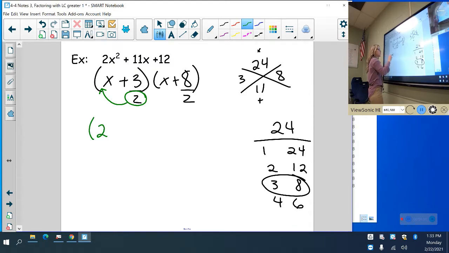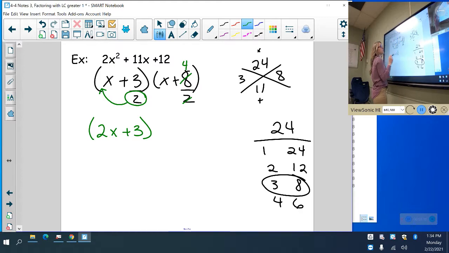So I have 2x plus 3. Let me say that again. If you cannot simplify the fraction, take your denominator and put it in front of that x, and then leave your 3 there.